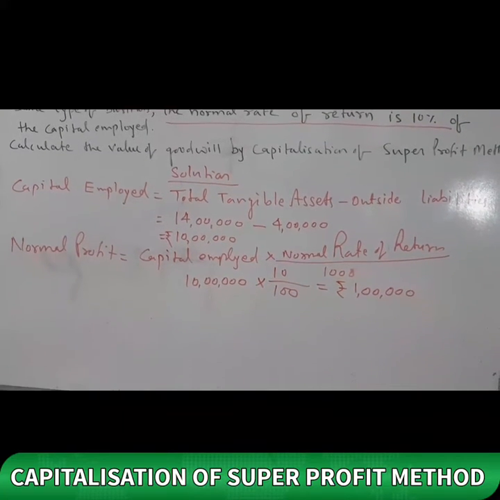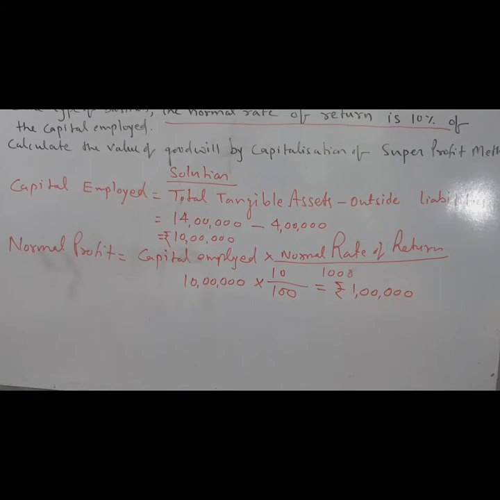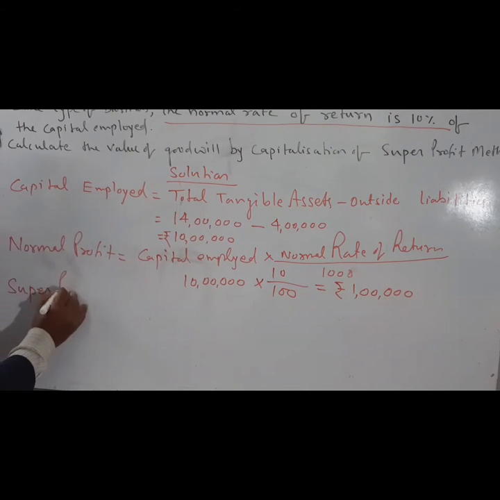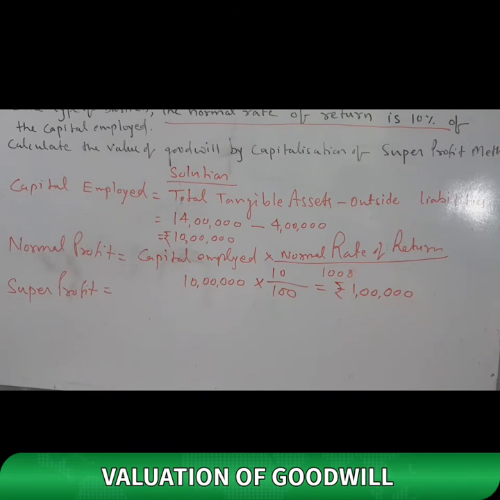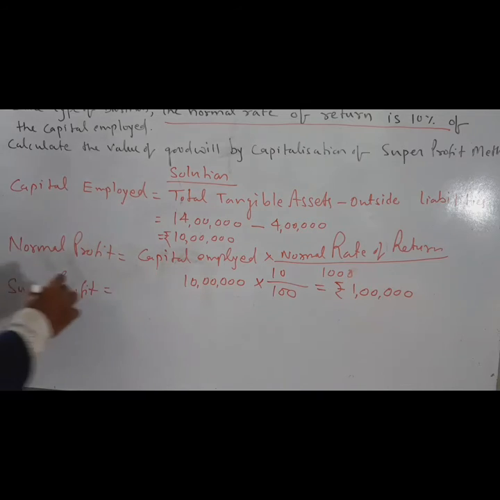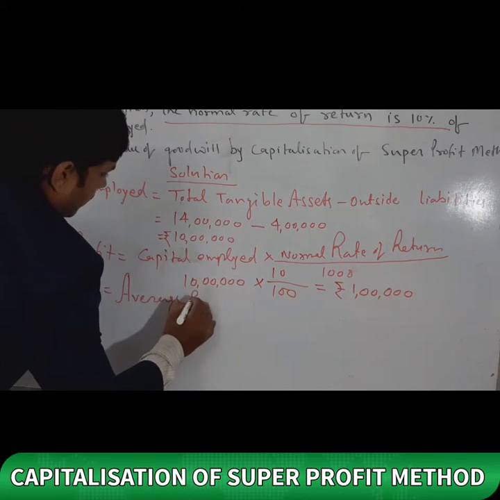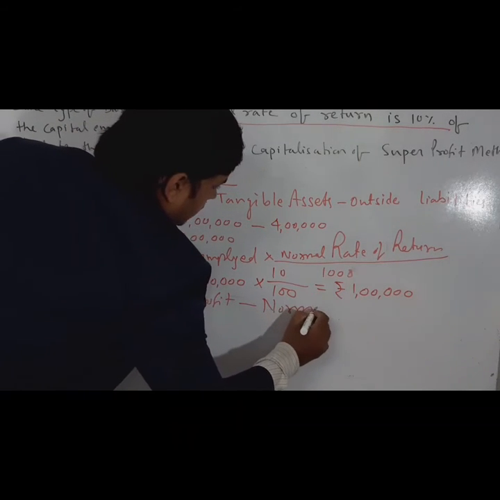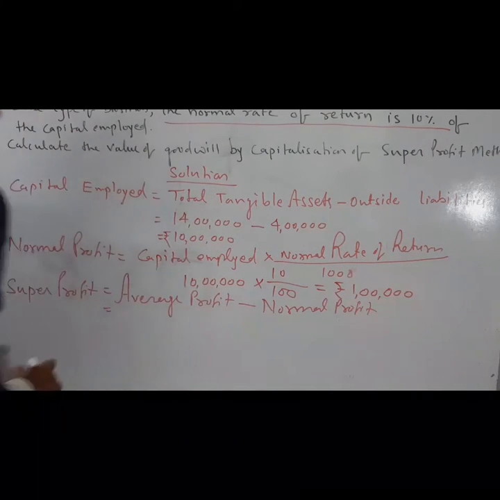Now we are finding the super profit. The formula we know very well: super profit is equal to average profit minus normal profit. The average profit is already given.